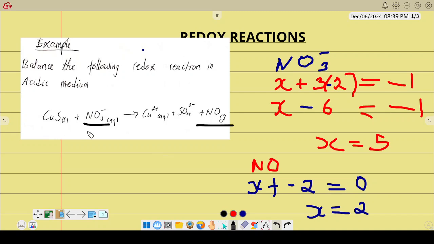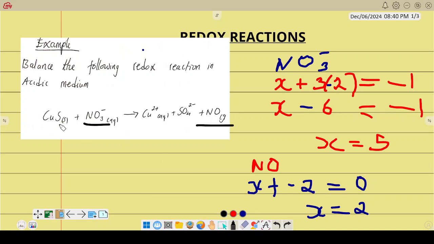Sulfur has no oxygen, but here it has oxygen. Remember from the 6 definitions I gave you in the document and in the previous video, if something gains oxygen, then it has been oxidized. So this sulfur has gained oxygen, meaning it's undergoing oxidation. And for this one, you can see that we now have an ion, meaning it lost electrons. So this is oxidation.